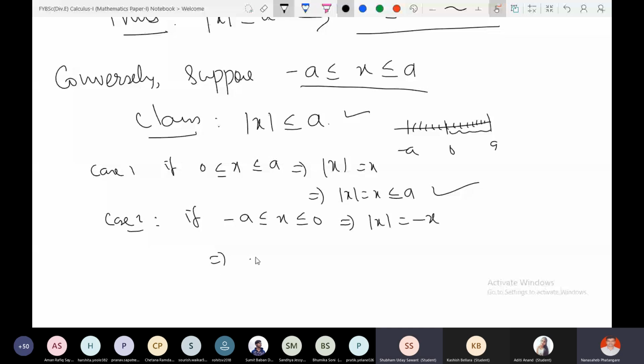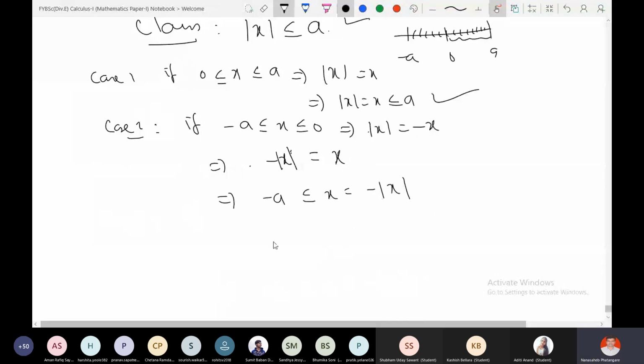Now, x is greater than or equal to minus a, so I can say that if I multiply both sides by minus 1, x is the same as minus of absolute value of x, right?